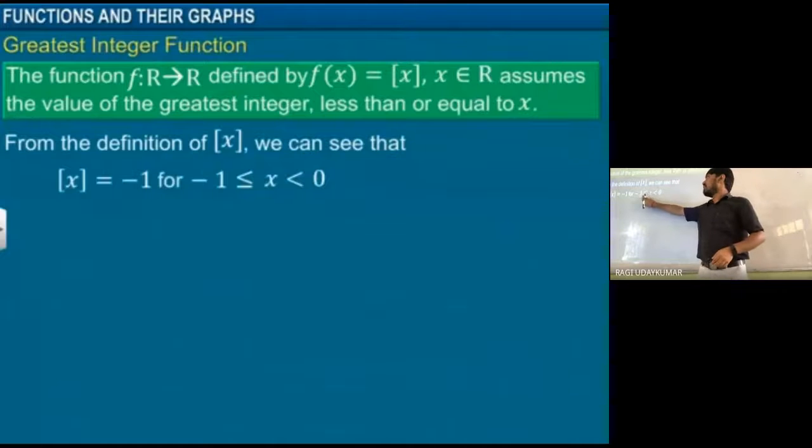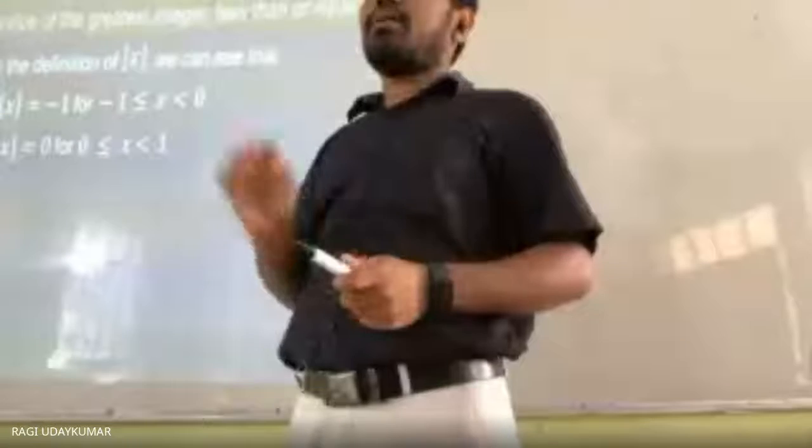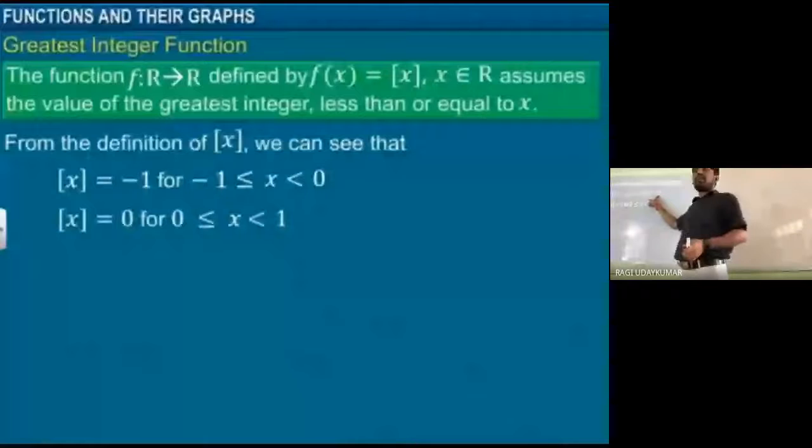Between -1 to 0, take any number, between -1 to 0. Suppose you take -0.5, which lies between -1 to 0. Integers less than -0.5 are -1, -2, -3. In all these integers, which is the greatest one?